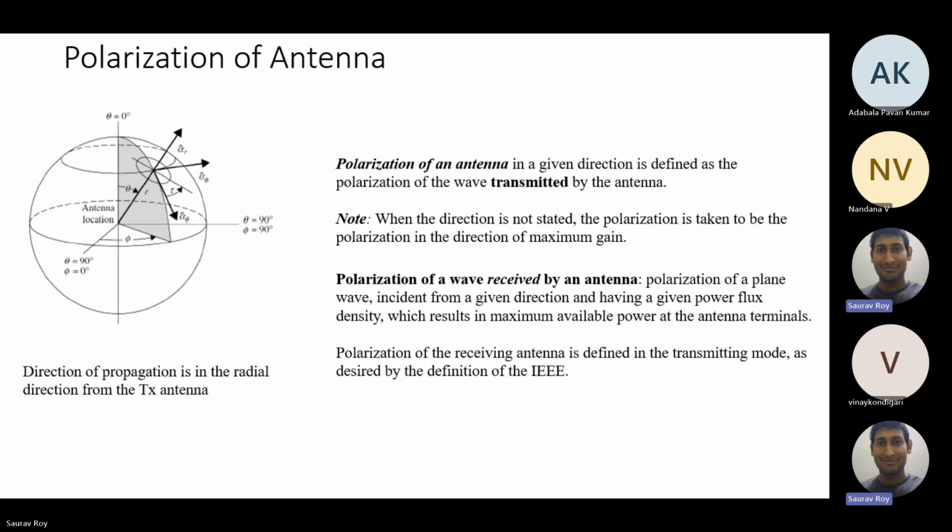The same polarization is taken as the receiving antenna polarization also. So even for the receiver antenna, we define it in terms of transmitting mode. That is what IEEE says.